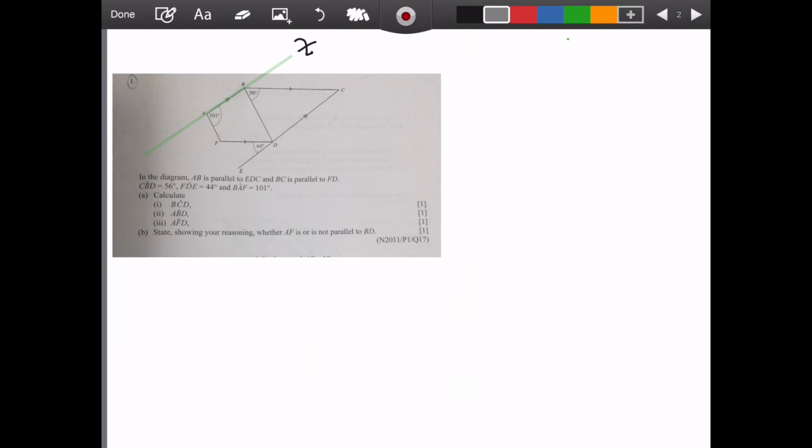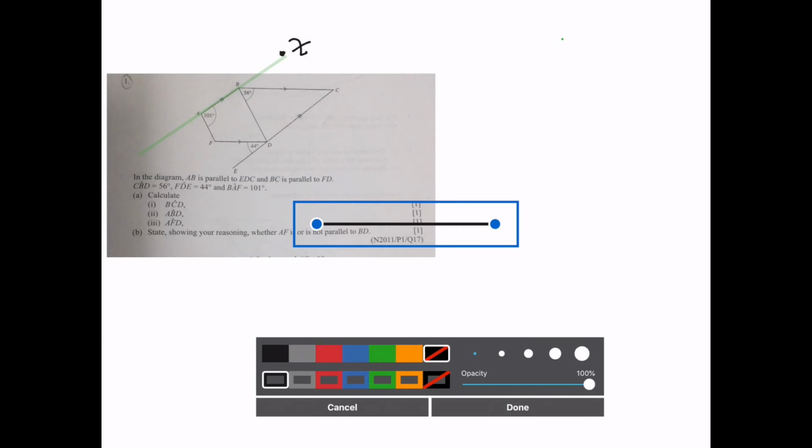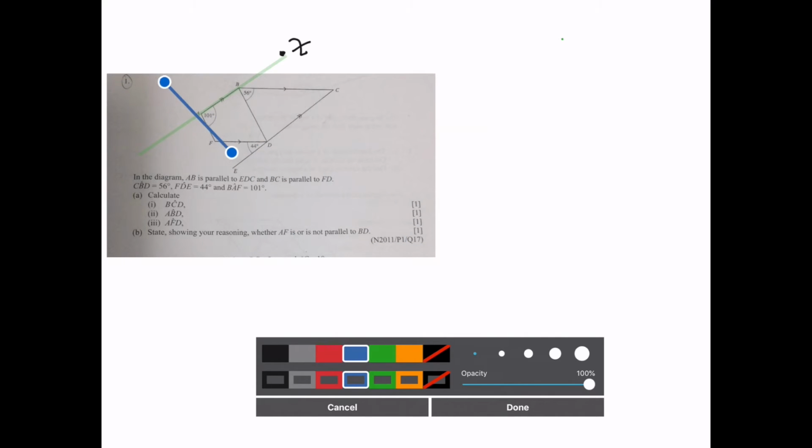So let me extend the line, this AB line, and let's call the endpoint the point Z. So they want to find out whether AF and BD are parallel or not. Let me draw it in blue.